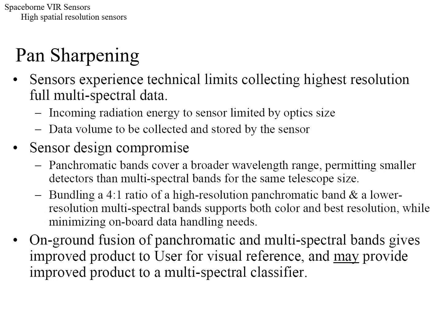So you have this bundling of a 4-to-1 ratio of multispectral and high resolution data. And after you've collected the data, there's a process called pan sharpening that can be used to try to reproduce a product that appears multispectral, but with the higher spatial resolution.